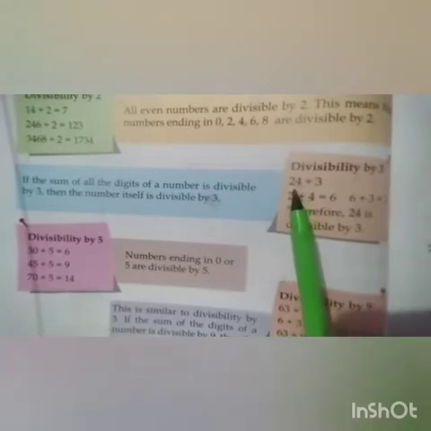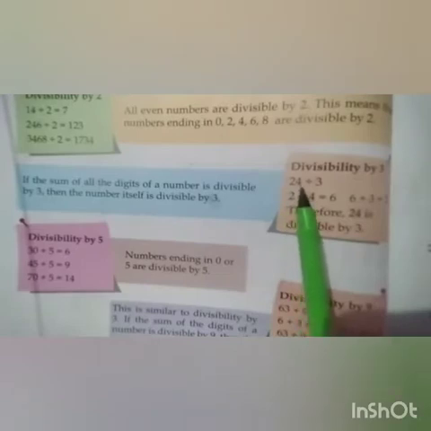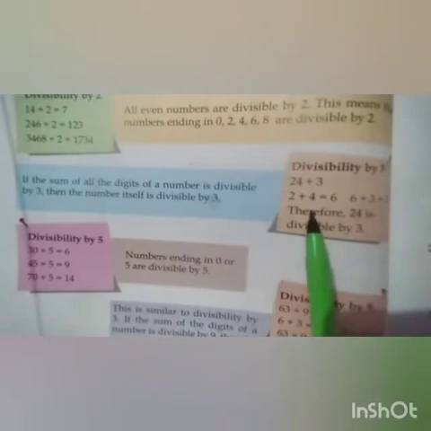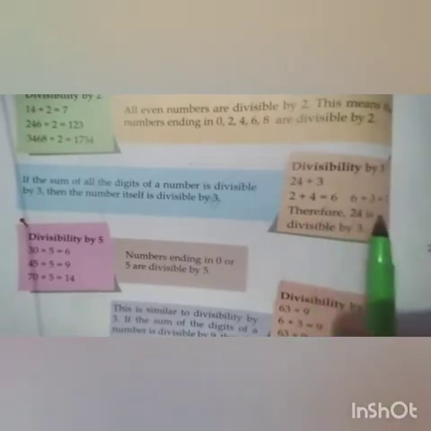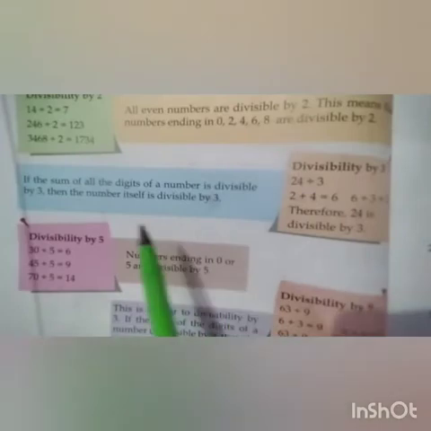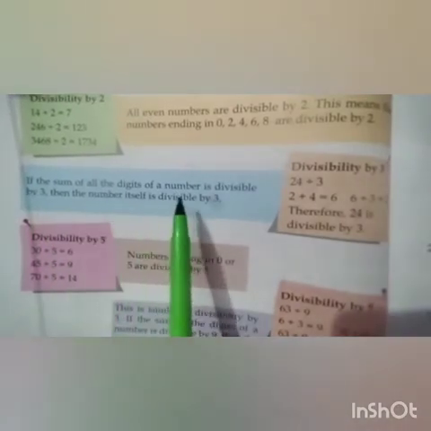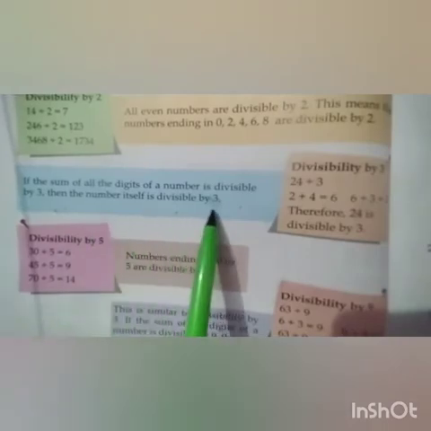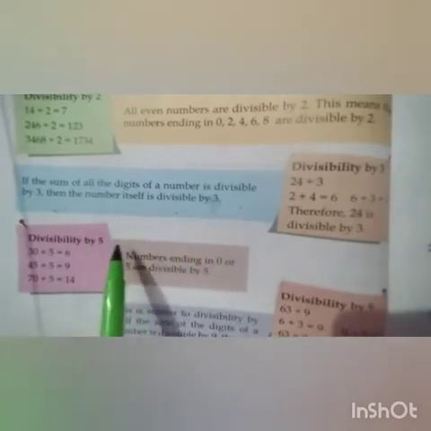We add the digits of the dividend: 2 plus 4 equals 6. 6 is exactly divisible by 3, that is, 6 is a multiple of 3. So we can divide 24 by 3 without remainder. If the sum of all digits of a number is divisible by 3, then the number itself is divisible by 3.